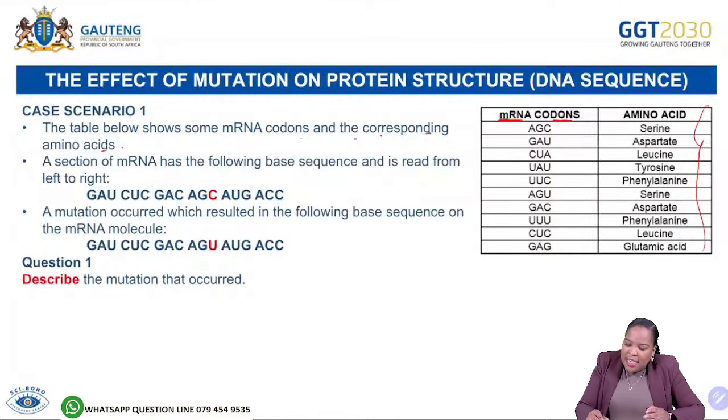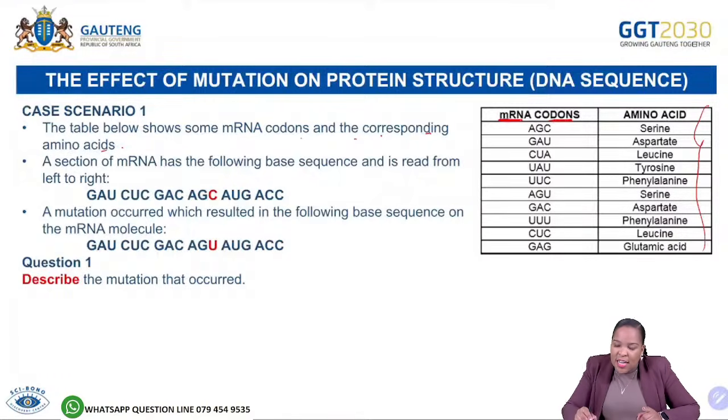That is, are my amino acid names given in the form of mRNA codons, DNA base triplets, or tRNA anticodons, so that you know whether you need to decode back or code forward to get the specific name. That is the key thing that you need to look at in your table: am I given the names of the amino acids in terms of mRNA or in terms of tRNA or DNA?